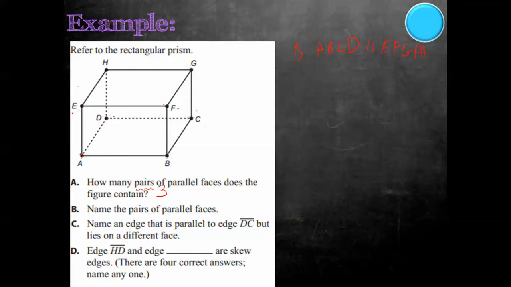Now we're going to look at left and right. ADHE is parallel to BCGF. And now we're going to look at our front and back. ABFE is parallel to DCGH.